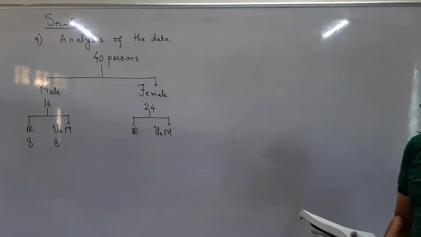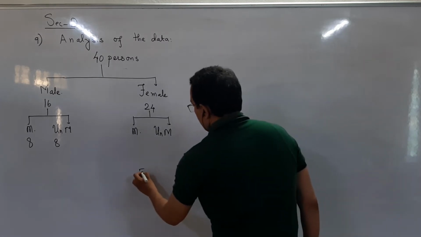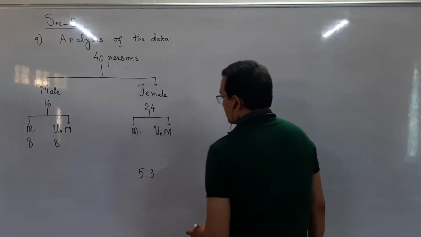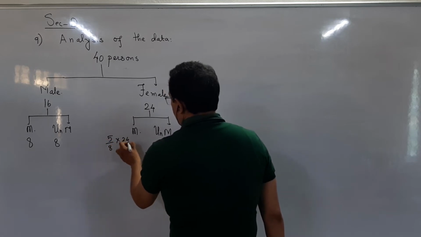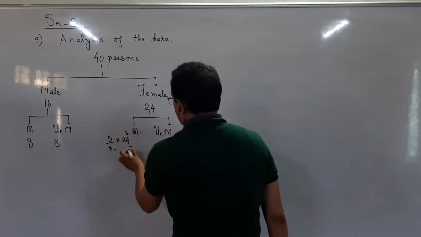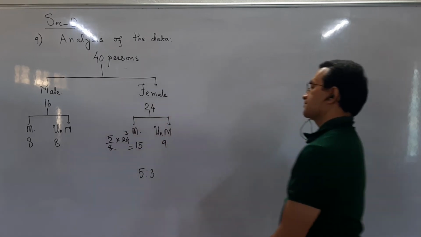Whereas the ratio of married and unmarried female is 5:3. So 5 by 8 into 24 is 15, and 24 minus 15 is 9.